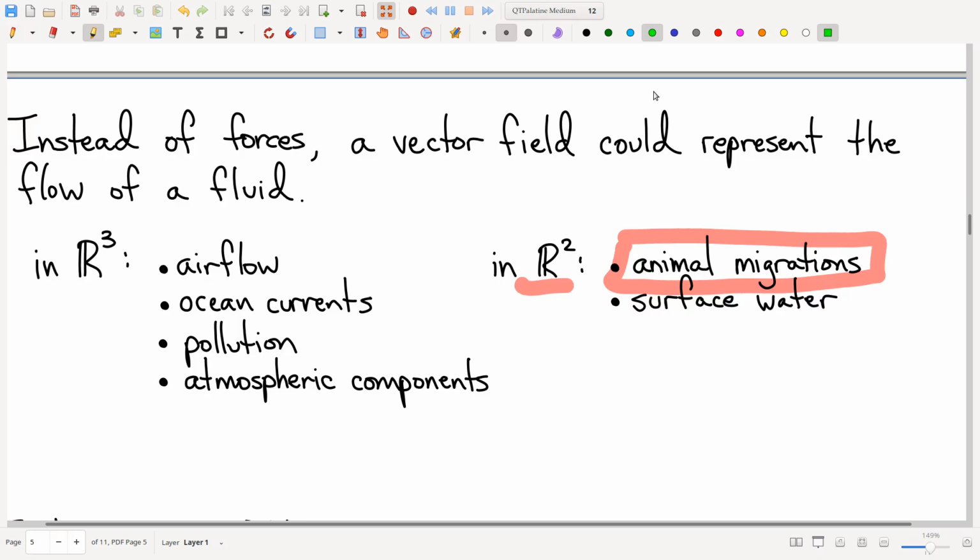Wait a second. Air is made up of a bunch of individual little particles too, isn't it? We call that a fluid. There's a matter of scale distinguishing these 2 examples, but if you get right down to it, there's really no particular reason why we can't think of animal migrations as being the flow of a fluid. And depending on the scale you're talking about, it's actually very natural and can be a useful point of view. So anyway, for your consideration.